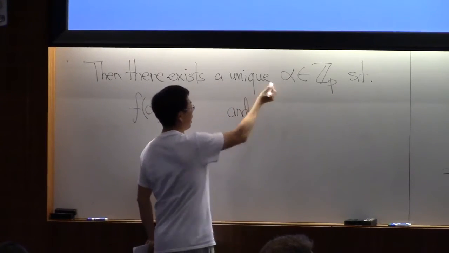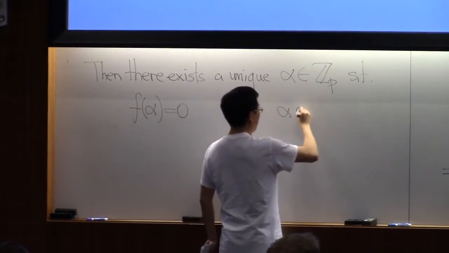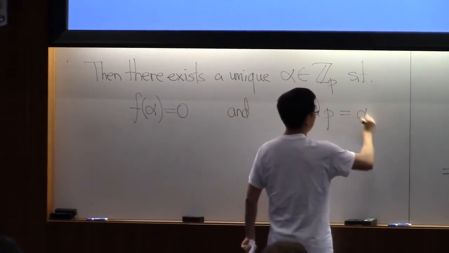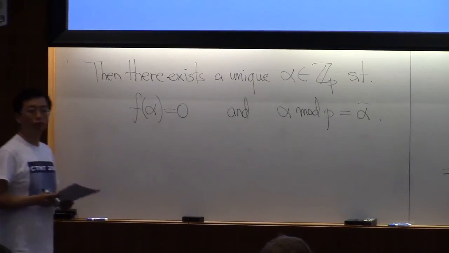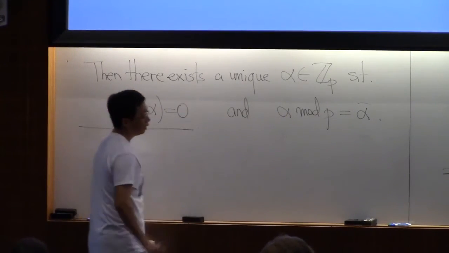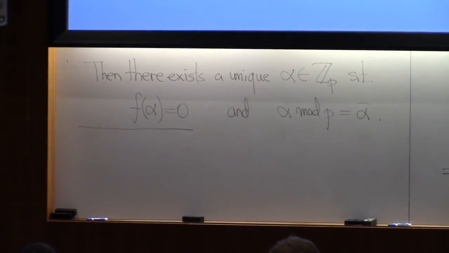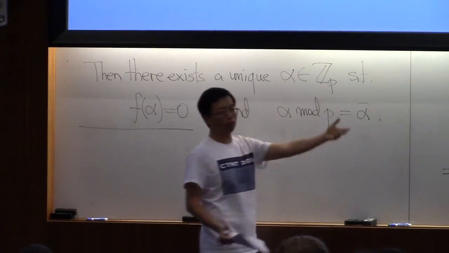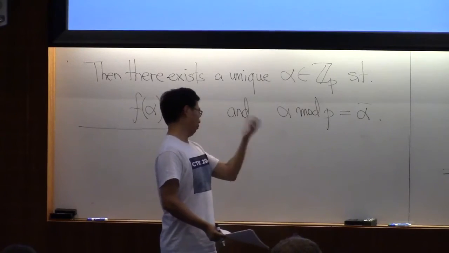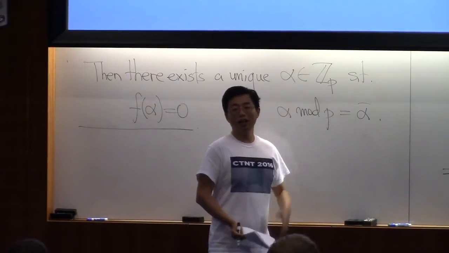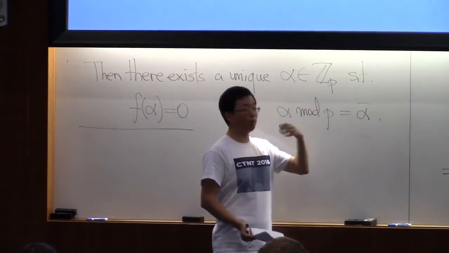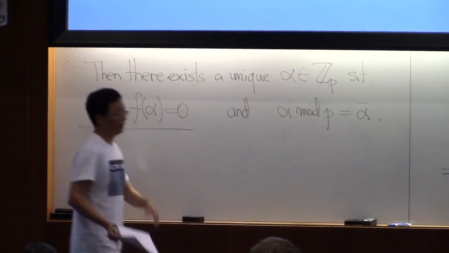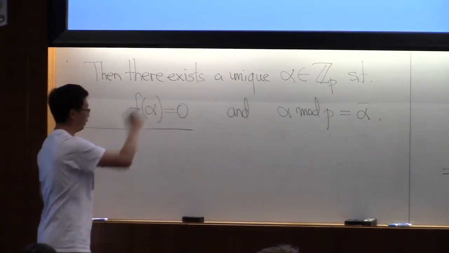And of course, the relation between this alpha and alpha bar is that if you take alpha modulo p, you get alpha bar. Just like before, you know what alpha should look like modulo p, and you pick an arbitrary lift of alpha bar to modulo p squared, and you look at alpha bar plus p times y, and solve that. You're going to get a linear equation in y and solve that. And next time you add another p squared times z and you solve that. You keep doing this, and eventually you get a p-adic number.